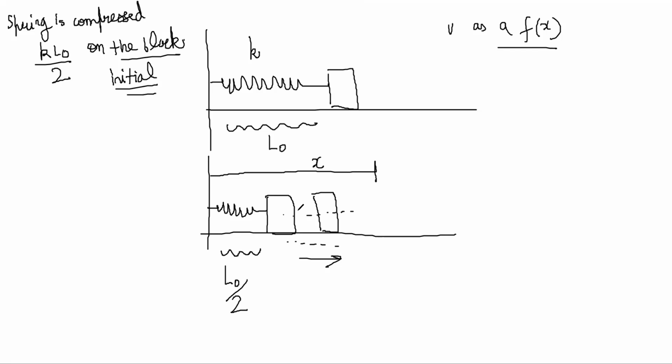Eventually it will reach the mean position, the same position as above, and at that moment the spring force becomes zero. So you can find the velocity that it acquires here, right?